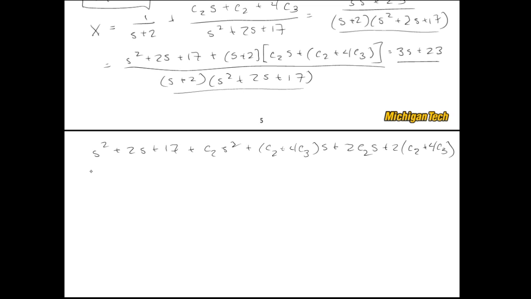So let's reduce that just a little bit more, or actually write it in this factored form. 1 plus C2 s squared, that's this.